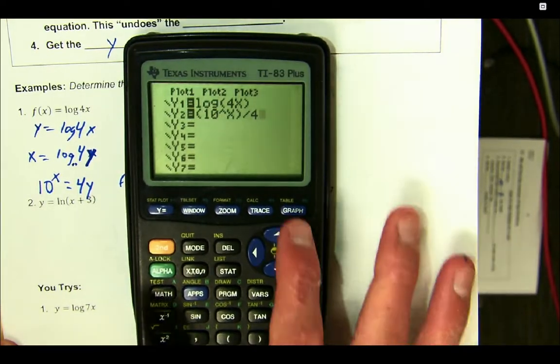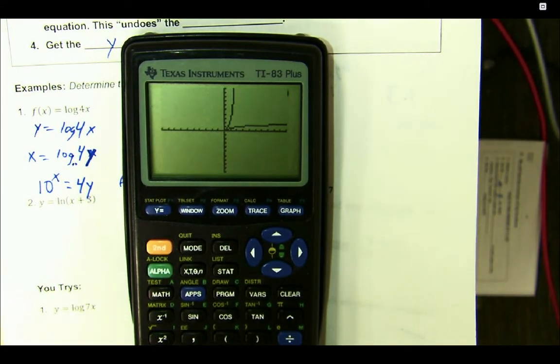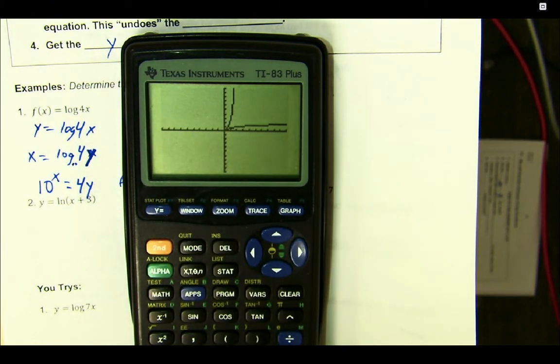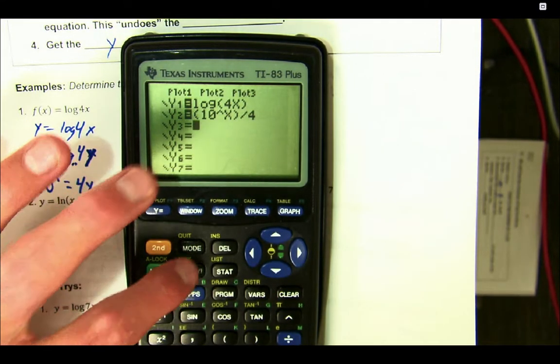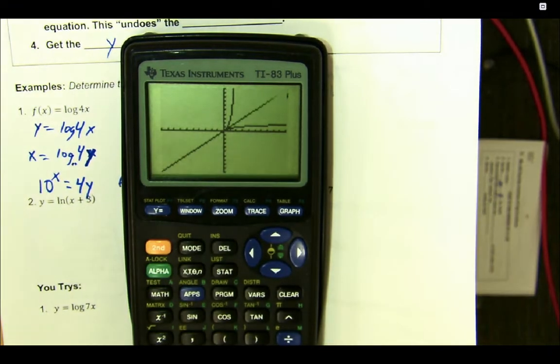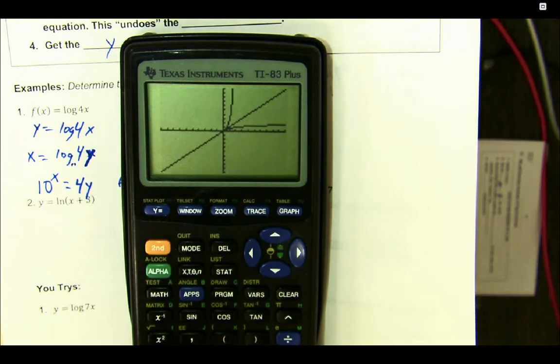And how I can graphically verify this is, if you remember from when we did inverses, they should be symmetric over the line y is equal to x. If I put that line in here as well, all right, it looks pretty symmetric over that line.